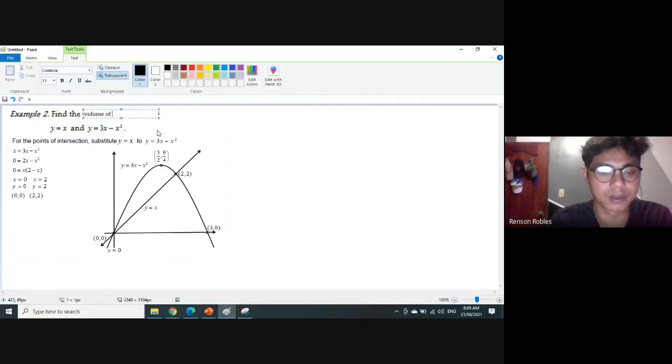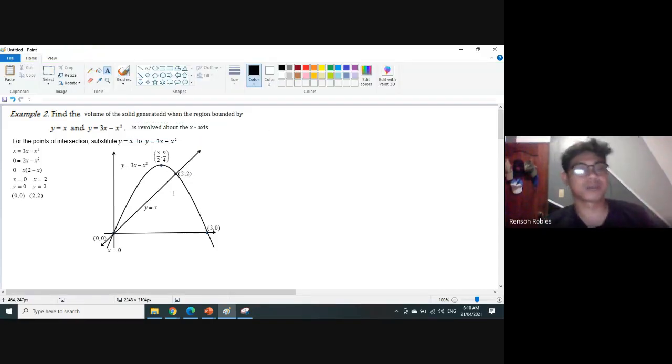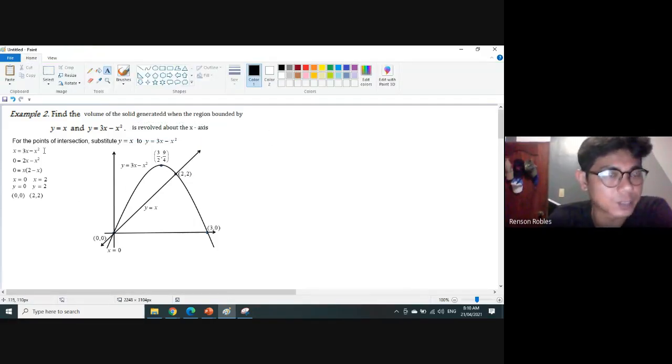Find the volume of the solid generated when the region bounded by the curves is revolved about the x-axis. Now, I will not discuss how this is traced.